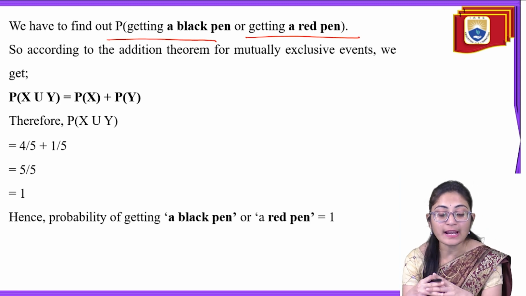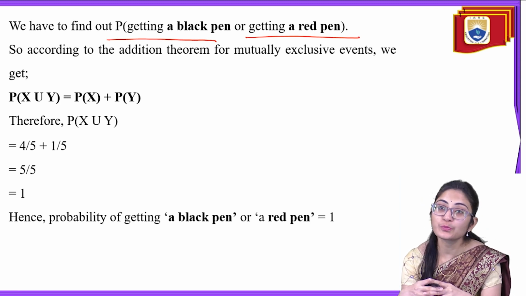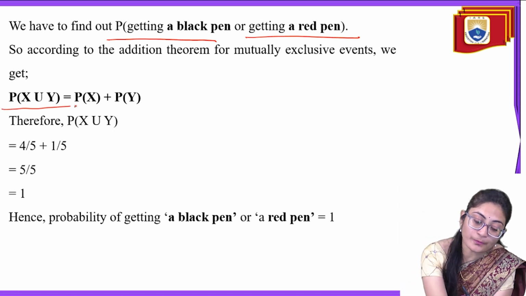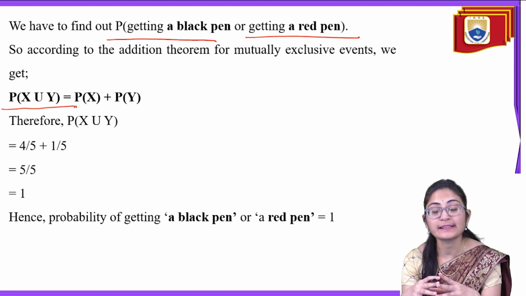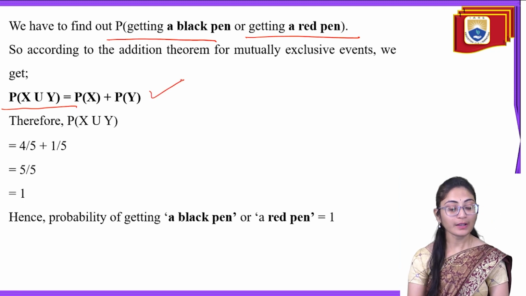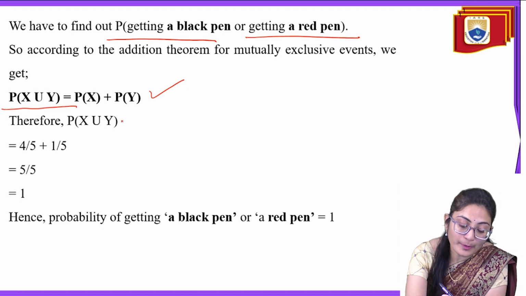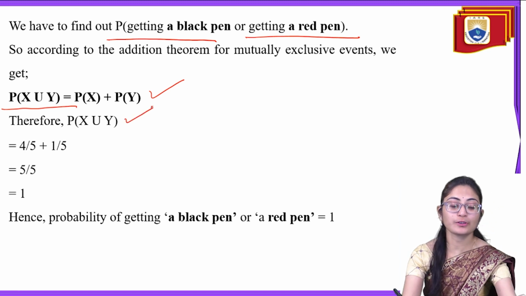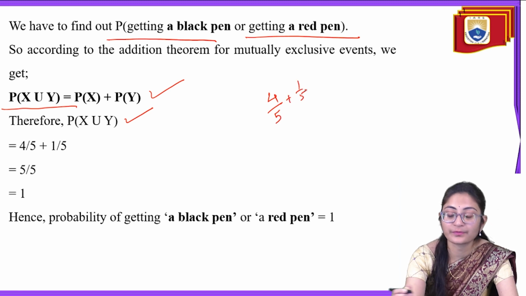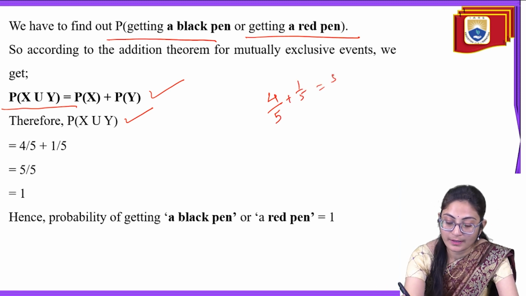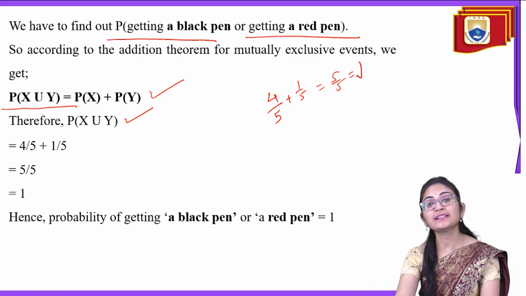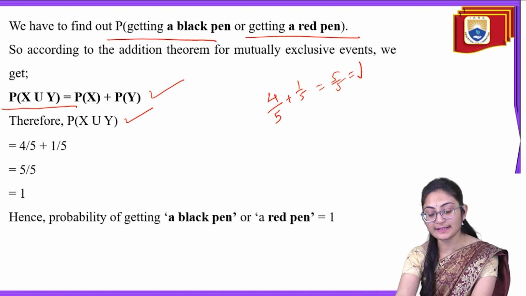So according to the addition theorem, for mutually exclusive events, we get probability of X or Y is equal to probability of X plus probability of Y. So therefore, probability of X or Y is equal to 4 by 5 plus 1 by 5. That is 5 by 5, it is 1. So probability of getting a black pen or red pen is 1.